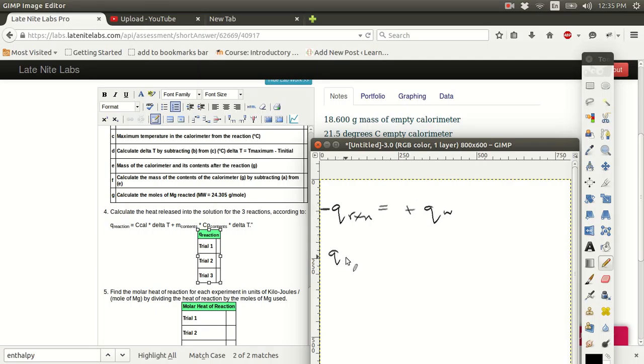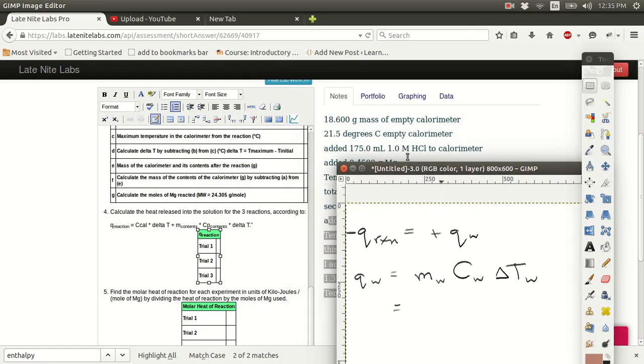And the Q of the water, remember, equals the mass of that water times the specific heat capacity of that water times the change in temperature of that water. So what was the mass of that water? Now, the 1 molar hydrochloric acid was mostly water because this is a solution of 1 mole of HCl in 1 liter of water. 1 liter of water contains 55 moles of water molecules.